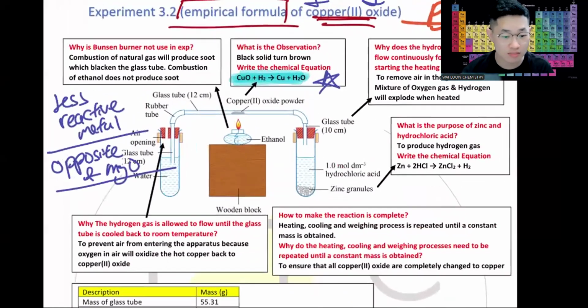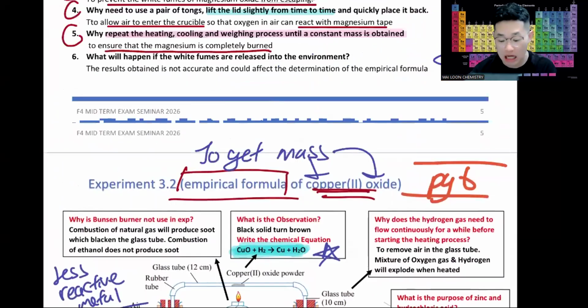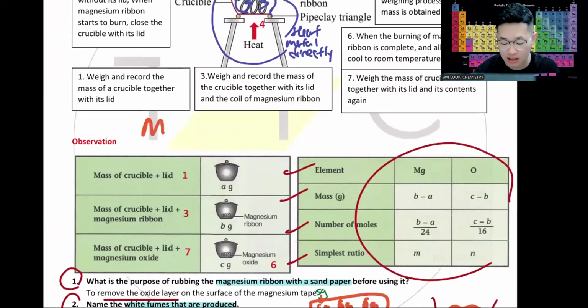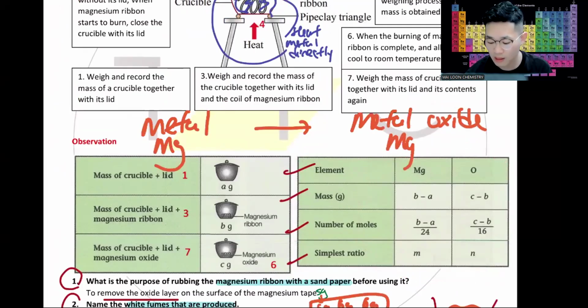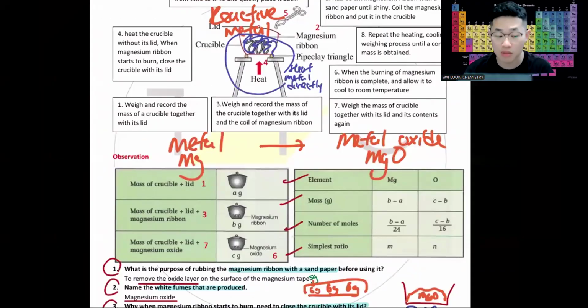This is the most important part, guys. Just now was metal turning into metal oxide. Magnesium turns into metal oxide, MgO. That was the experiment just now.